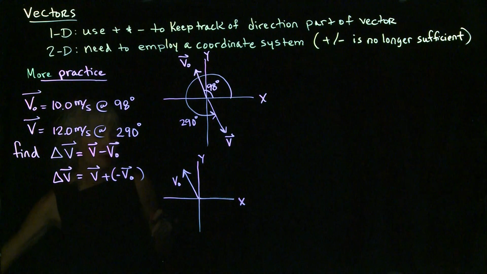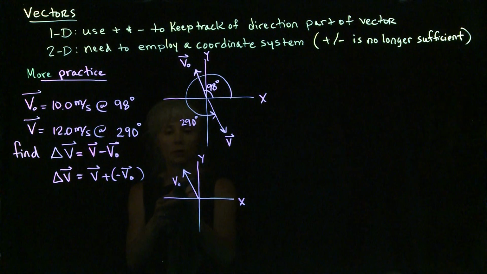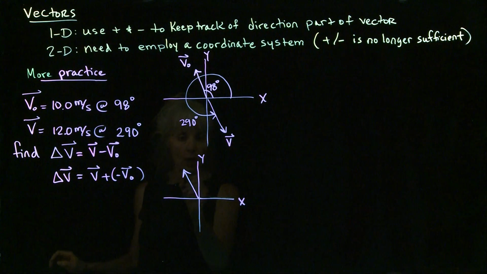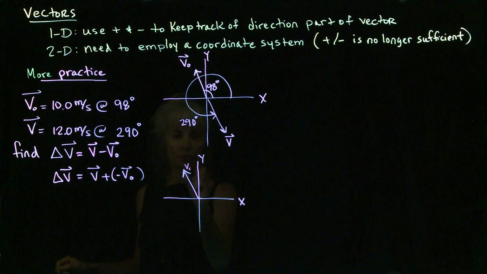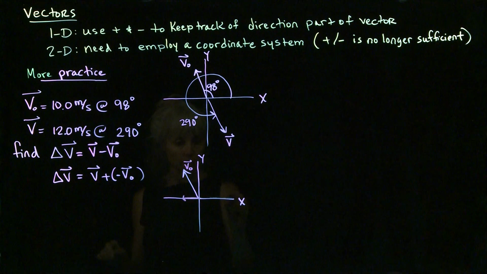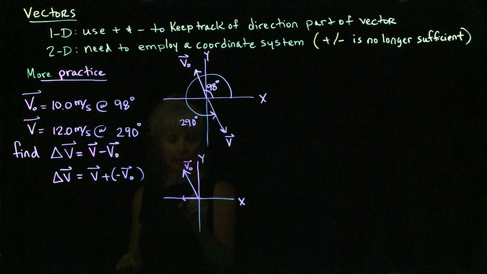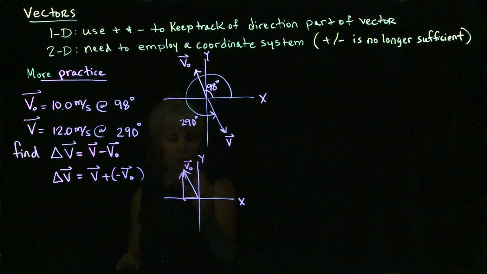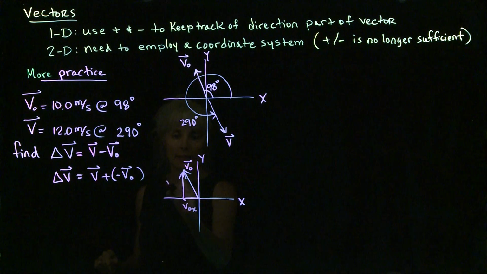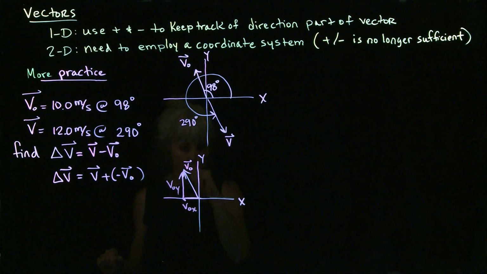So either one is fine. We will start off going along the x-axis, so I can re-express vector v naught as a vector pointing along the negative x direction added tip to tail to a vector that's pointing along the positive y direction. So this is going to be my initial x piece, and that's going to be my initial y piece.